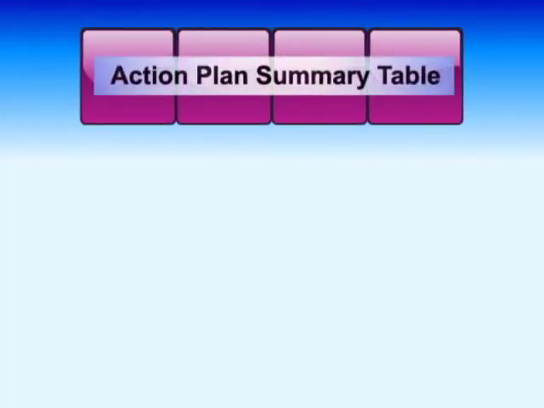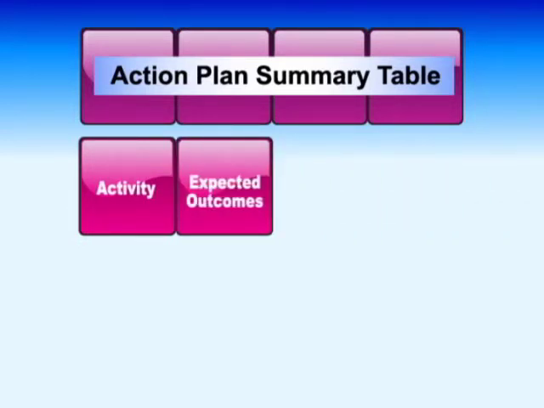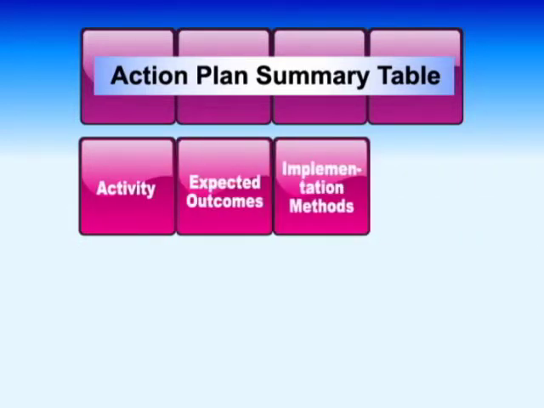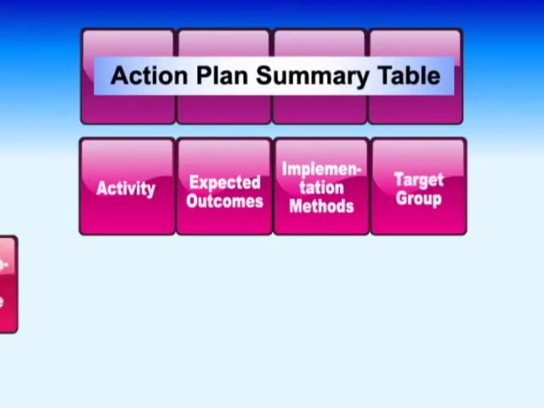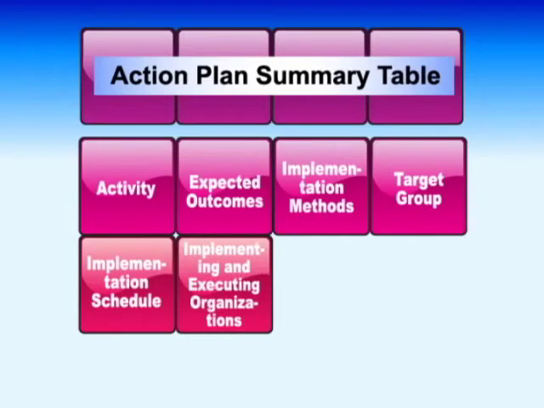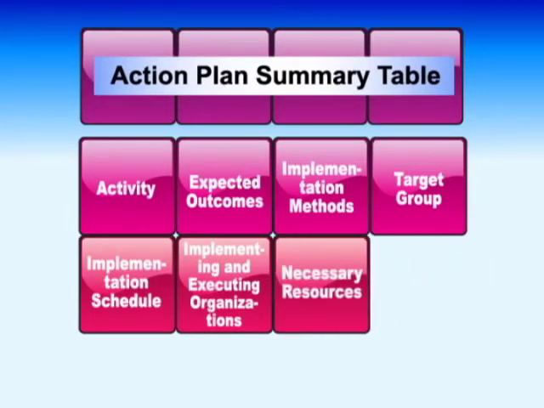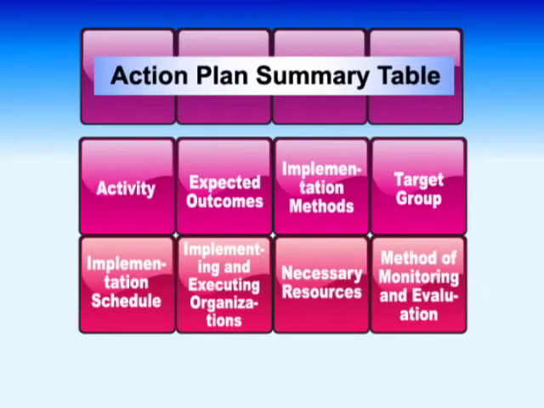An action plan summary table should have the content of each activity, expected outcomes, implementation methods, target group, implementation schedule, implementing and executive organizations, necessary resources, method of monitoring and evaluation, and so on.